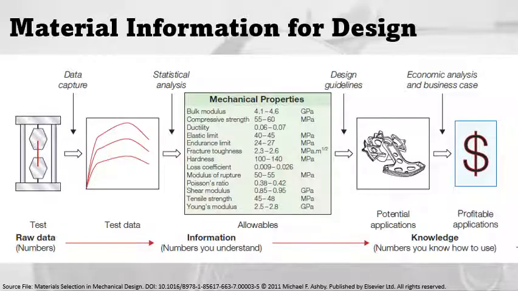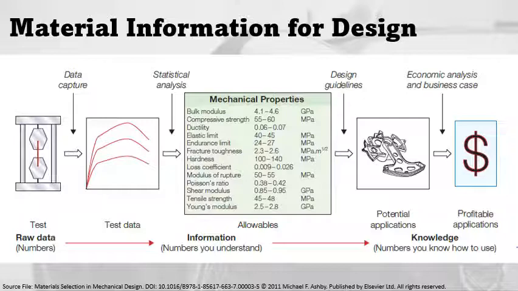If you're going to design something, what sort of material information do you need? This chart in this presentation shows the types of material information. We have the raw data, the raw information, and the knowledge.